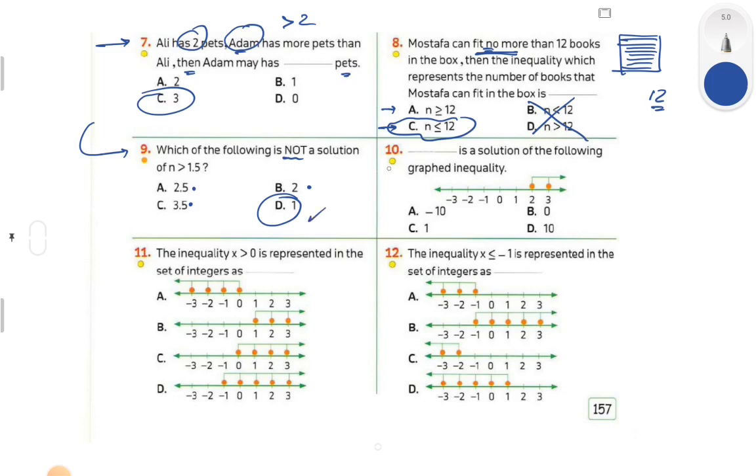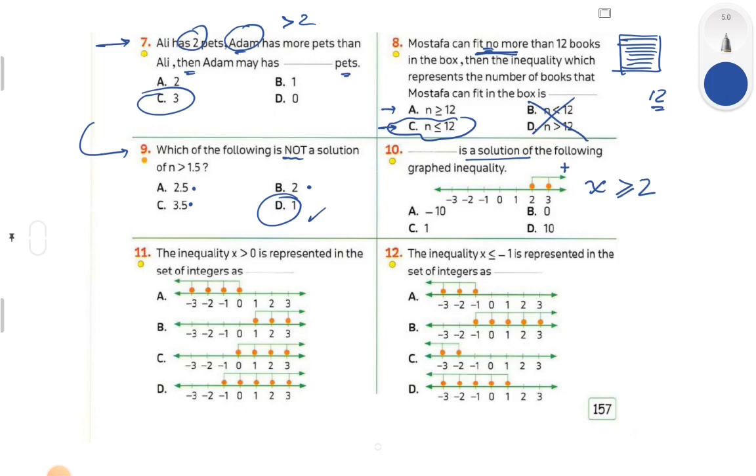Okay? Blank is a solution of the following graph inequality. I have 2 and greater than 2. I can write it as x greater than or equal to 2, because he goes in the positive direction. So he starts with 2 and goes on to the right.